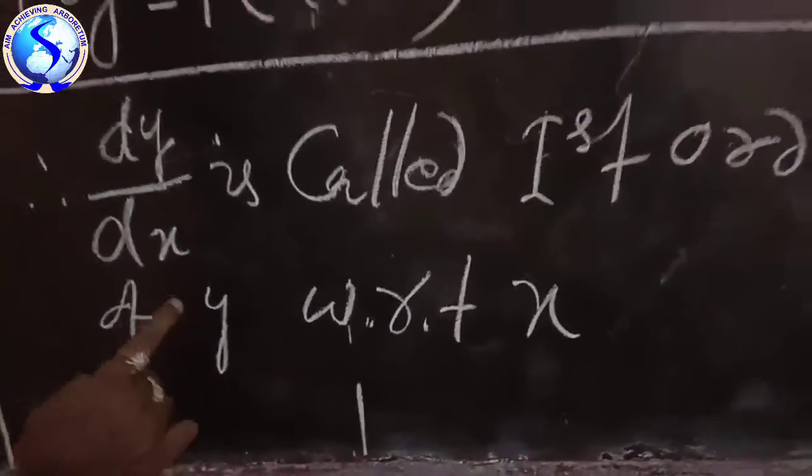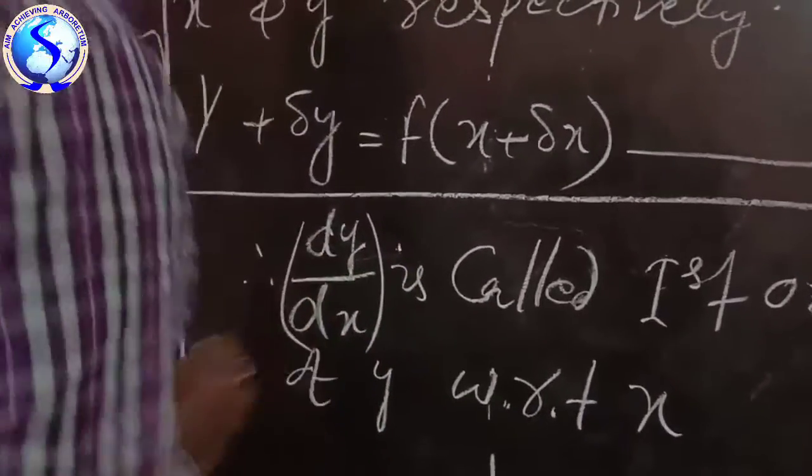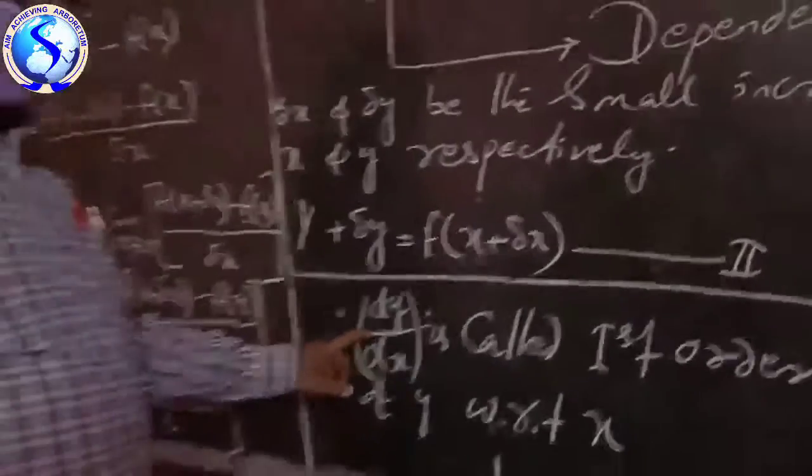The derivative of y with respect to x is denoted by dy by dx. This is nothing but the first order derivative.